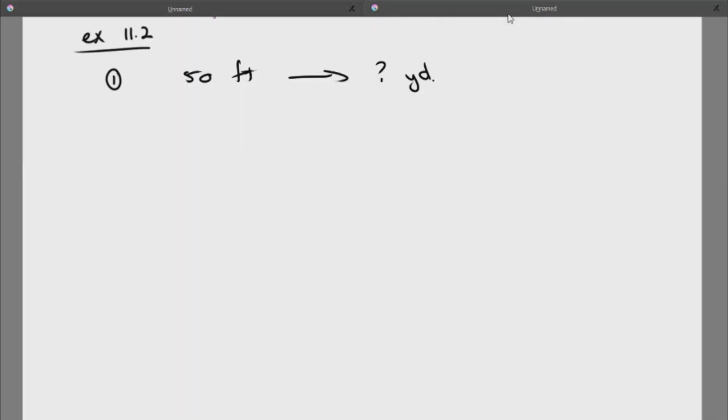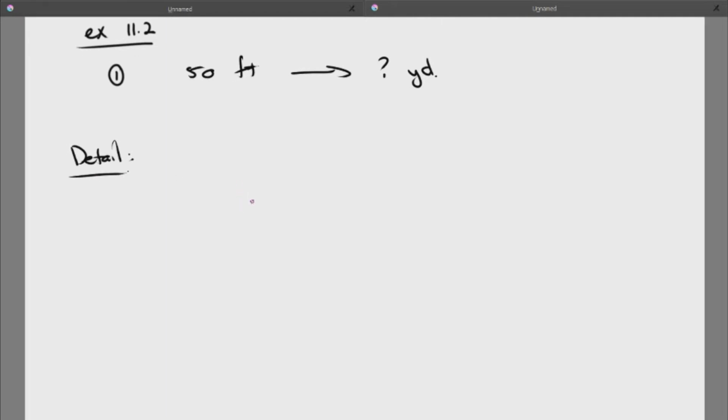In this case, we want to go feet to yards. So I'll do the detailed version first, which is overkill. But if I really have to explain it, this is my last resort with the most detail.